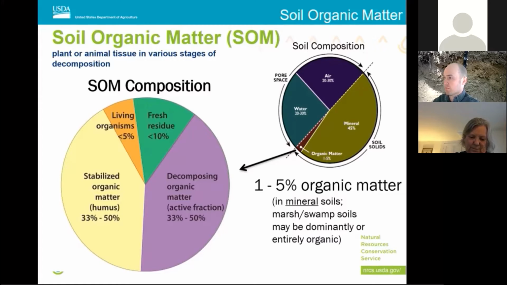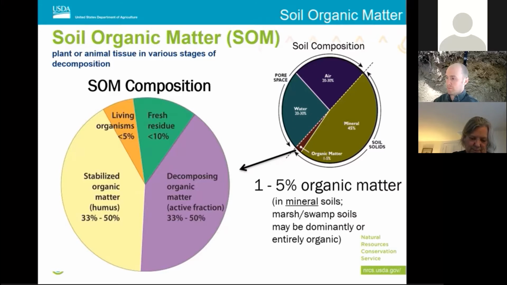And all of this soil organic matter, depending on your soil type, may actually be a relatively small amount of the entire soil. We covered this before in general soil properties, but typically in our soils, we consider about half of the soil volume to be taken up by pore space that can be filled by either air or water, and the rest of it is solid material. In mineral soils, we may have most of that in actual mineral materials, and then a small amount as organic matter.